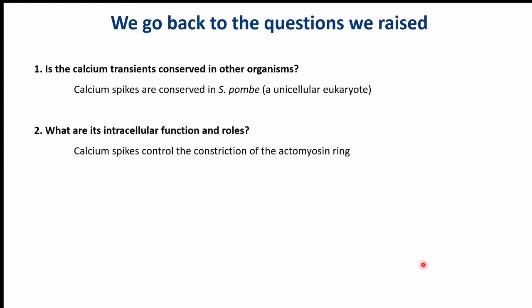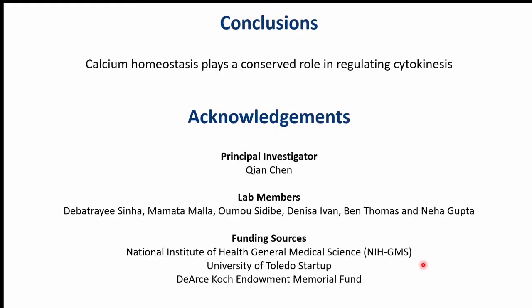The calcium spike controls the constriction of the actomyosin ring, because it decreased the rate at which the ring constricts when we depleted the spike. And it maintains the integrity of the separating daughter cells, because when we depleted the spike, 35% of the cells lysed. Thus, the conclusion is that calcium homeostasis plays a conserved role in regulating cytokinesis.